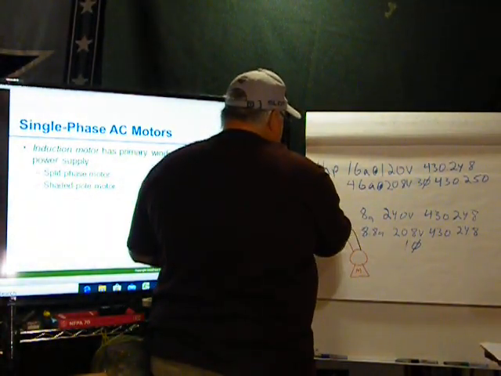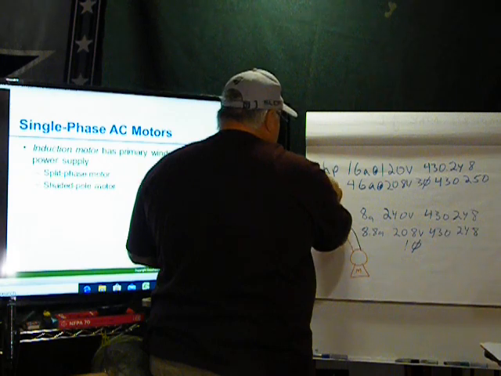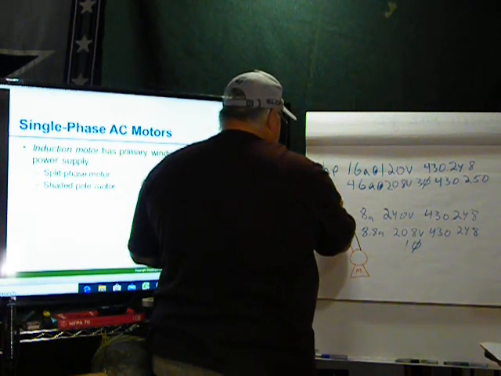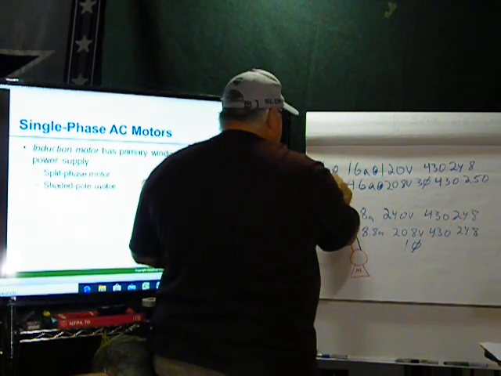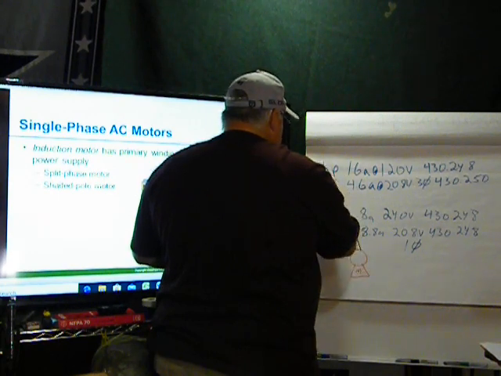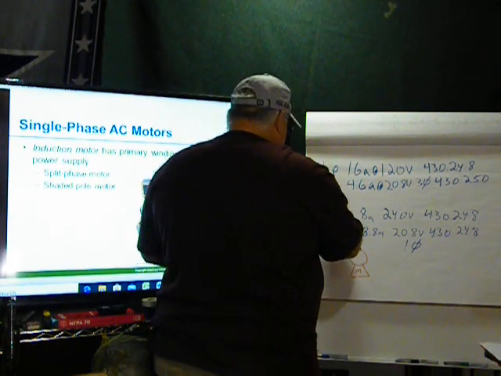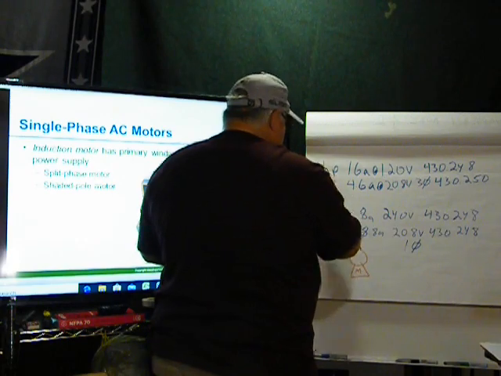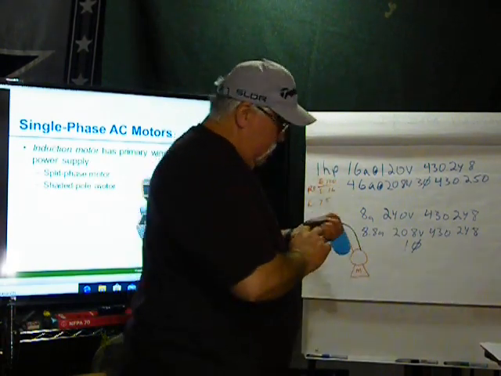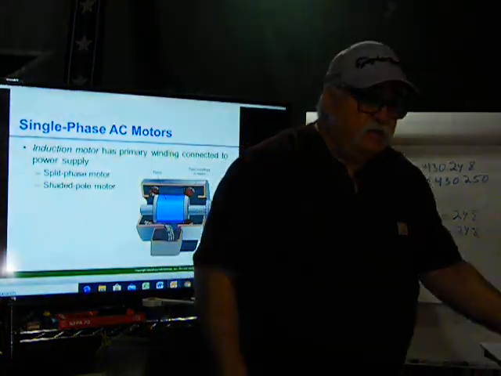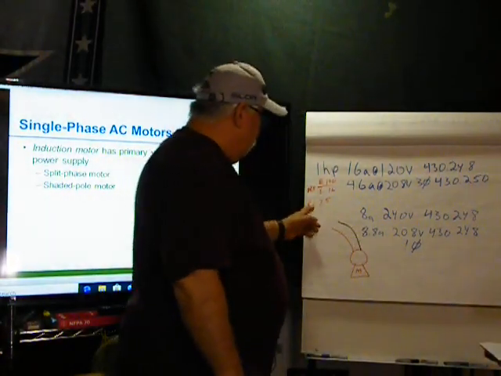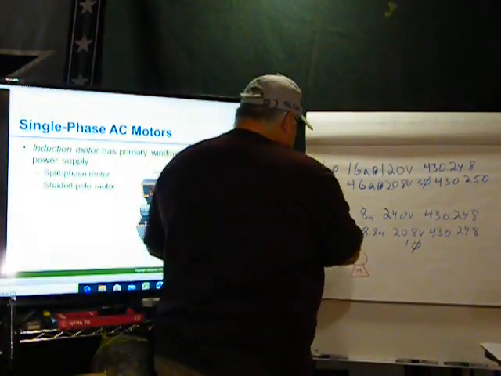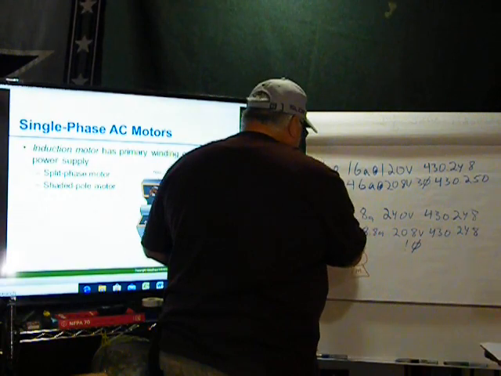Okay, all I did was R equals E divided by I. So 120 divided by 16, R equals 7.5. Okay, so that's not the physical resistance. I just can't say, well, I'm just going to multiply, I equals E divided by R.